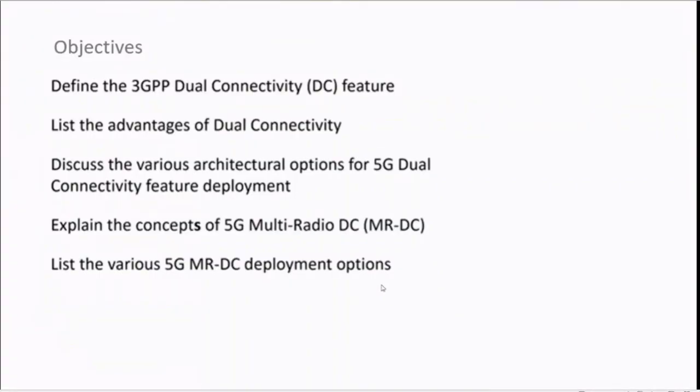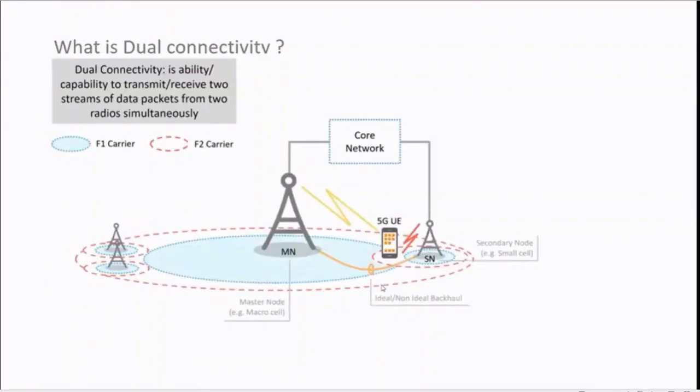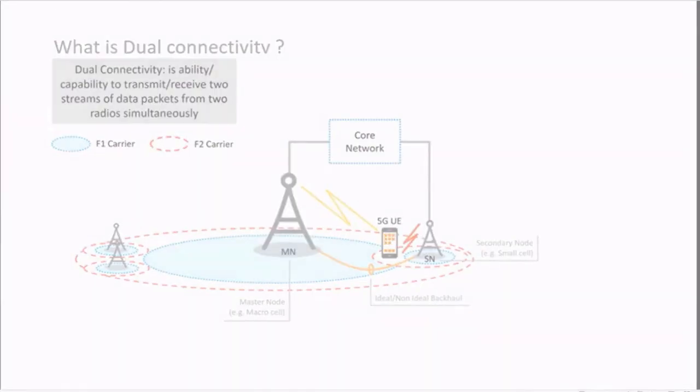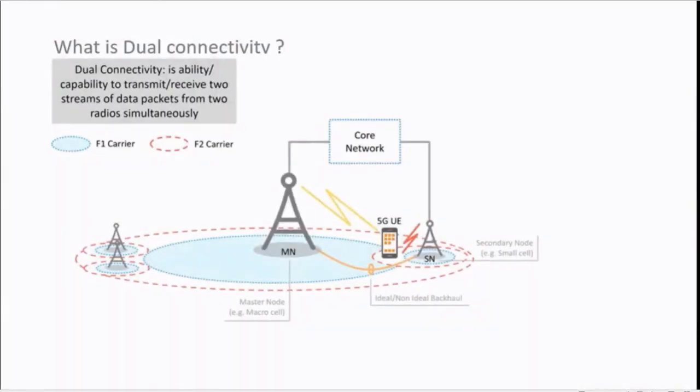So let's begin. First of all, what is dual connectivity, right? So you can see here the definition of dual connectivity. Dual connectivity is the ability and capability to transmit and receive two streams of data packets from two radios simultaneously, right?